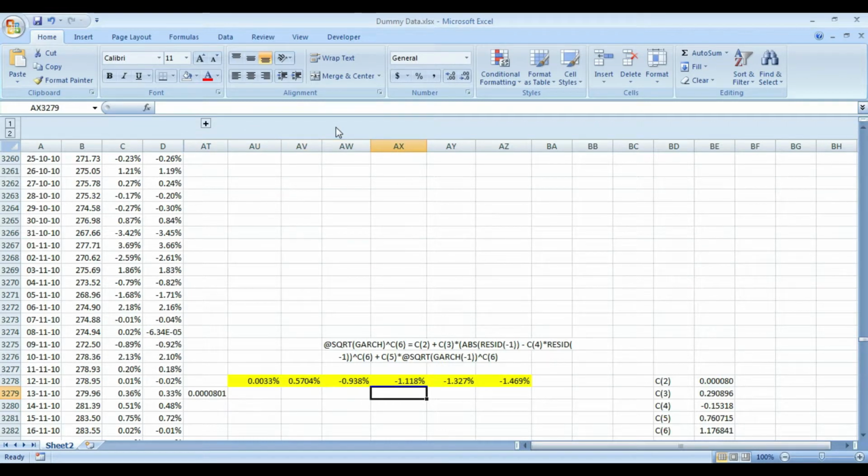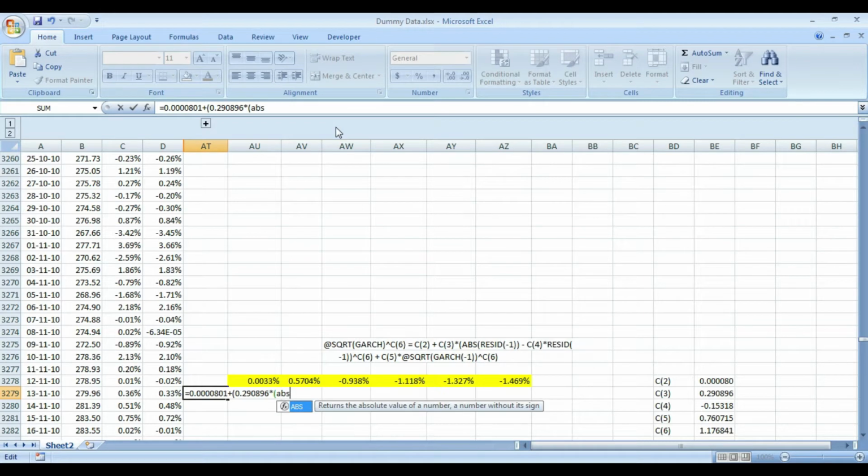Then it says C3, which is this, plus C3 multiplied by absolute ABS, then residual n minus 1. So residual n minus 1 should be this, right? Residual n minus 1, close brackets, okay, close the bracket, then again for ABS.